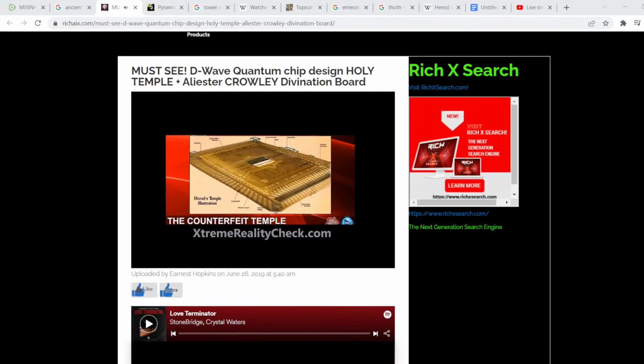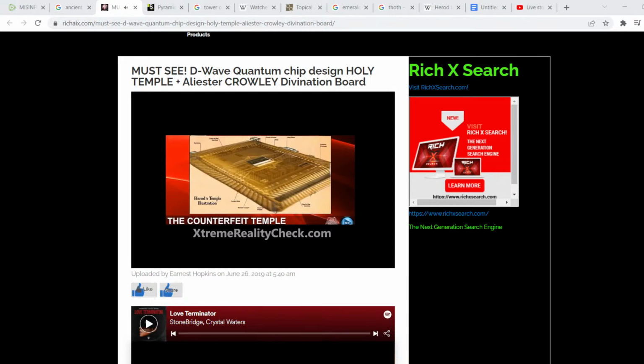Geomancy is used for divining the future. 16 figures of geomancy that equate to the 16 models of D-Wave computers. But more specifically, I'm showing you how in total, the 16 figures, side by side, with the 512 Vesuvius chipset from D-Wave that came out in 2013, are identical.